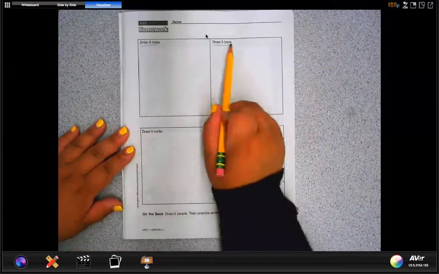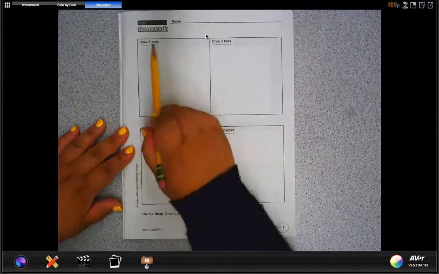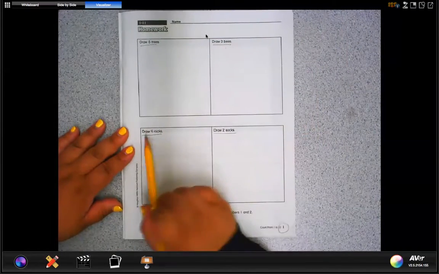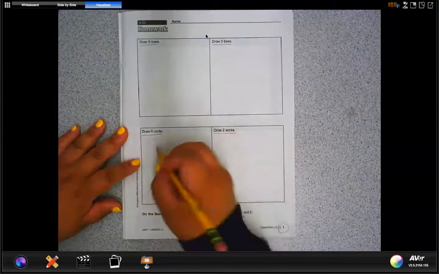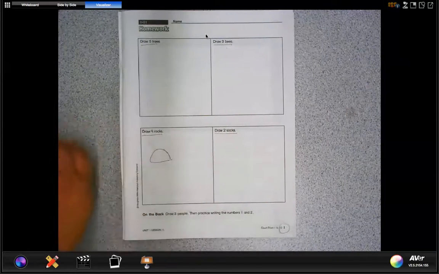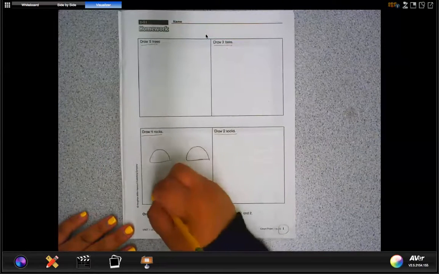Ask a grown-up for help. Draw 5 trees, 3 bees, 4 rocks, and 2 socks. So for example, if I drew 4 rocks, like this.